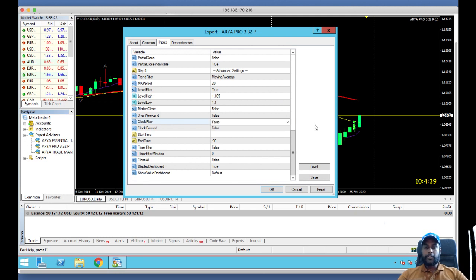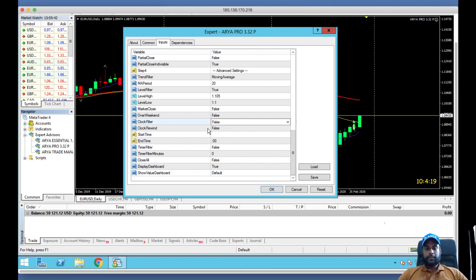The clock rewind is basically telling Arya, okay, I want... and it works with the clock filter. If your clock filter is on false, this one is not usable, so you have to put it true, and also put it true on that parameter.